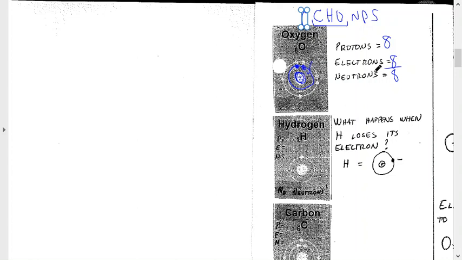The second shell has the remaining 6 electrons: 1, 2, 3, 4, 5, 6. And this second shell is the outer shell. The inner shell is perfectly happy with 2 electrons, and we've satisfied that. But this outer shell would honestly prefer to have 8.